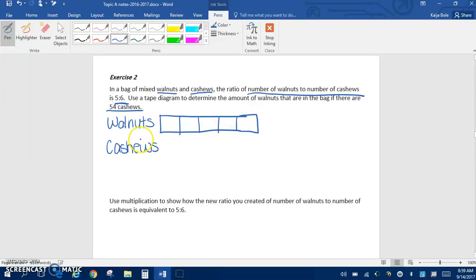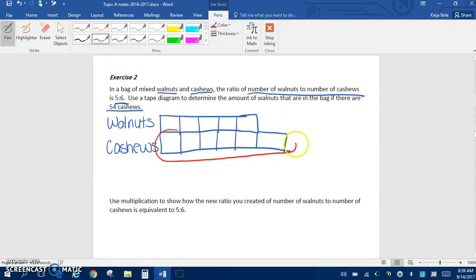And then cashews will get 6, so one more off the end. Okay, and then we have to look back and see what else they told us. So it said that there are 54 cashews. So that means all of the cashew boxes, if you circle all of them, equal 54.